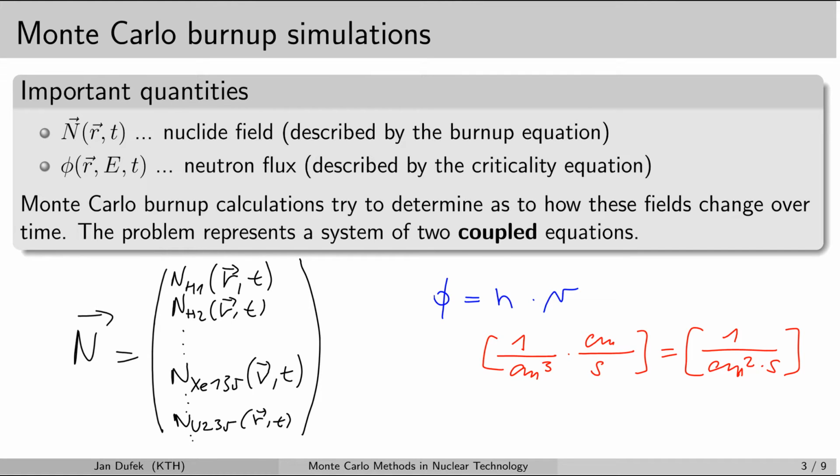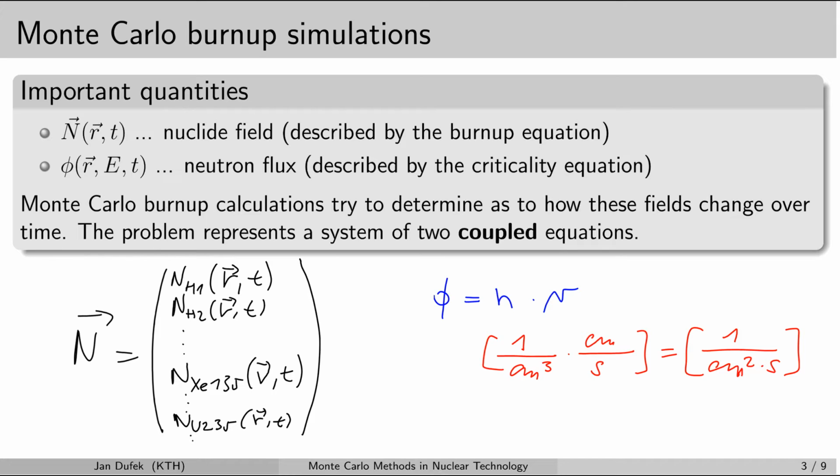Now from this unit we can already derive one interpretation of the neutron flux as the number of neutrons passing through the unit distance per second. But that is not the most practical interpretation of the neutron flux physical meaning.